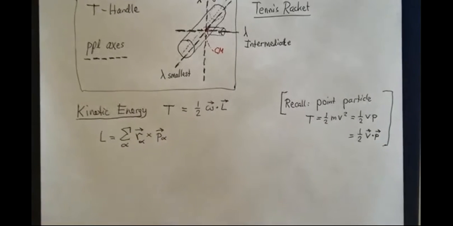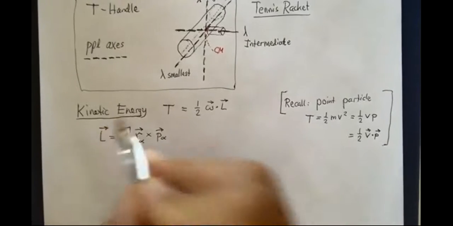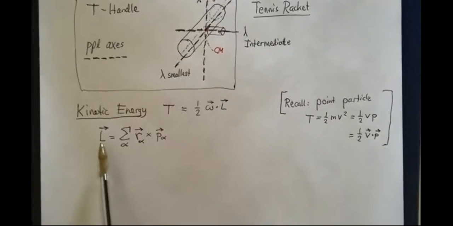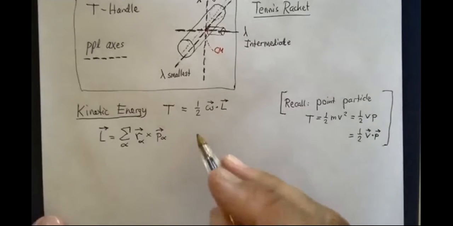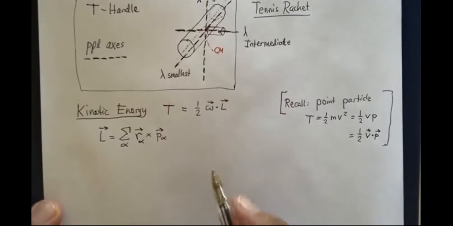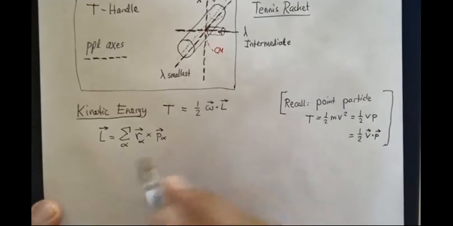We're thinking of taking a rigid object and chopping it into little differential installments. Let's call those particles. For each particle, you compute its contribution to the angular momentum vector. Forgot the vector arrow. So for each particle, you compute the contribution, that's going to be your position crossed into the momentum. There are several ways to do this. Let's compute omega dot L.